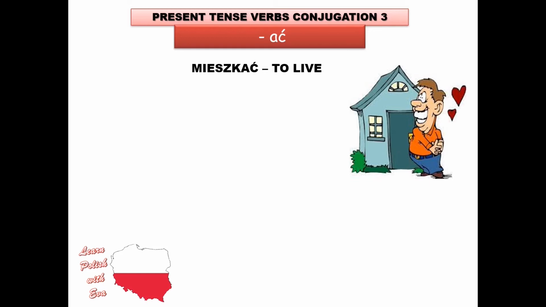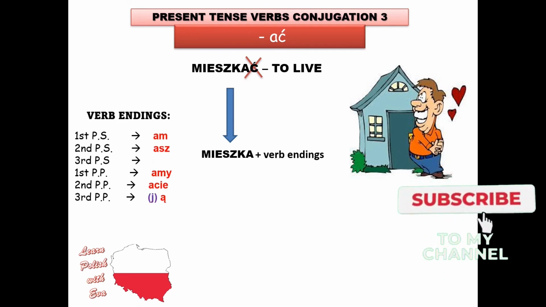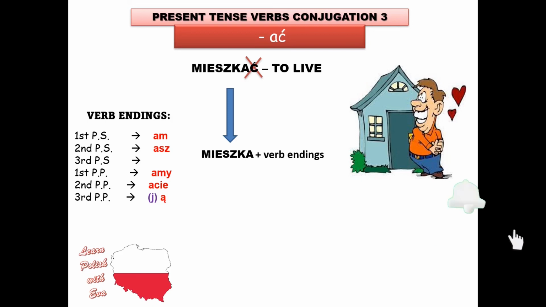So mieszkać, what do we do when we conjugate the verb? Yes, we have to remove the last letter of the infinitive, which is the letter ć. And when we have the created stem, we will be adding the verb endings that you can see here on the screen, okay? So that's how we will be forming this verb.